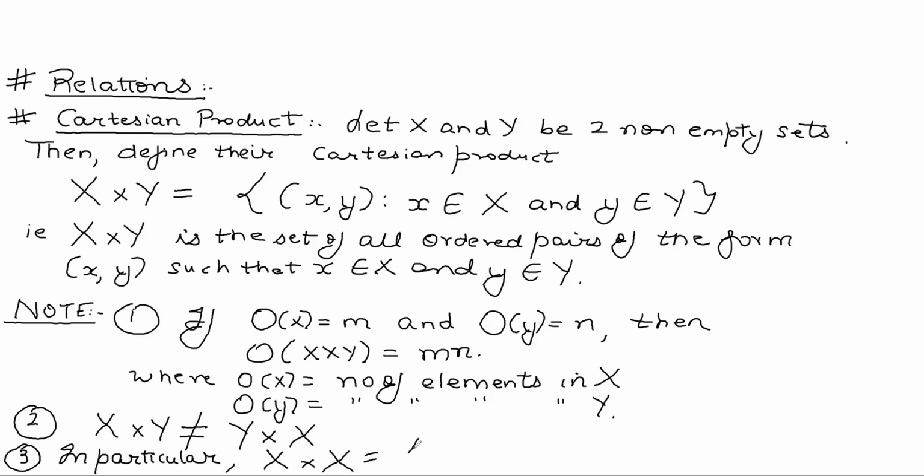X cross X will be the set of x comma y such that both x and y belong to the set capital X. So when we talk about Cartesian product of X cross X, it is the set of x comma y such that both x and y belong to the set capital X. So I hope all the students attending the lecture have understood the definition of Cartesian product and the 3 points in the note.